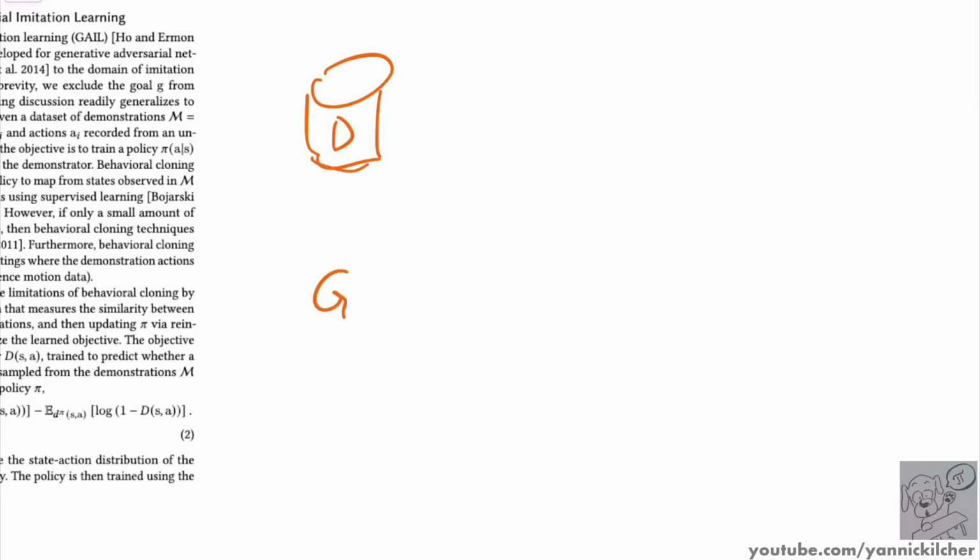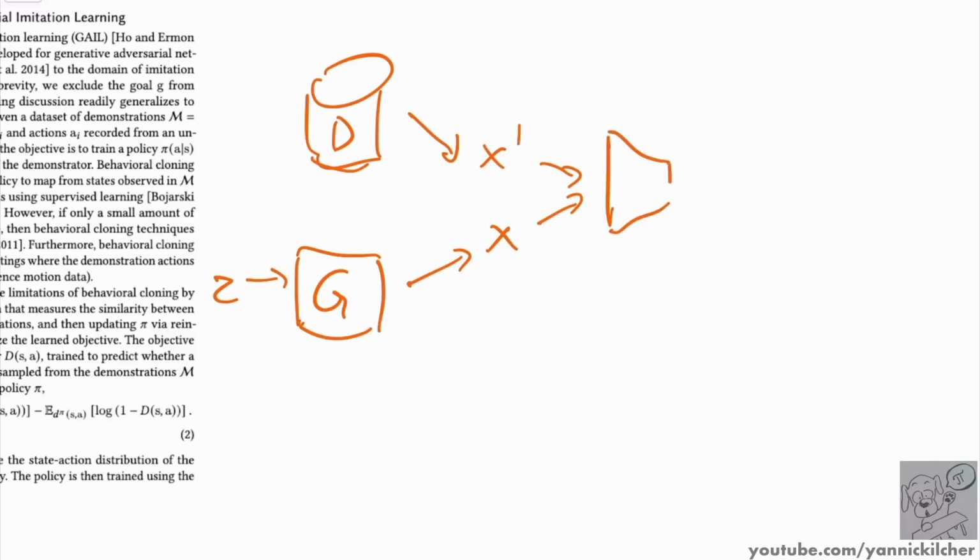There is a generator right here. The generator gets some random noise as an input. It outputs a sample X prime from the dataset you get a sample X or a mini batch. And then both of these, or either of these goes into the discriminator model. And the discriminator has to decide for any sample, is it real or is it fake?